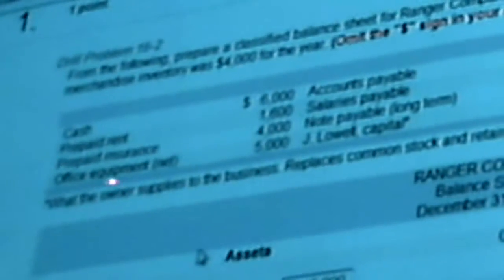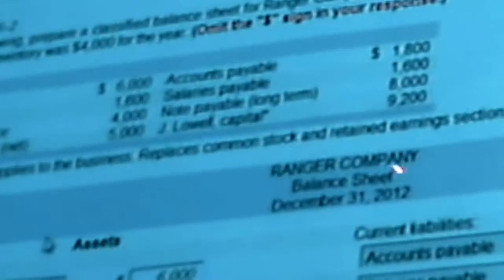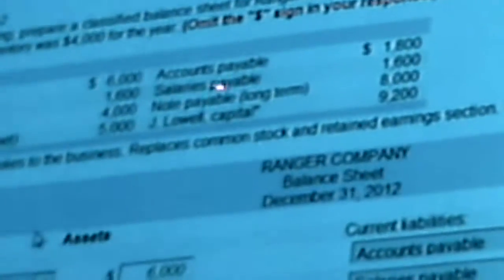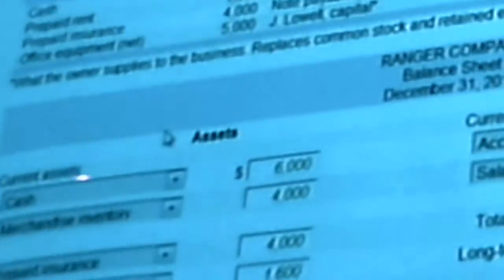What comes next? Long-term assets, and then over here, short-term or current liabilities, and then long-term liabilities, and then owner's equity, which we call capital. So what I'm trying to do is make it easier for you. You can see that this order here follows basically the same thing here.